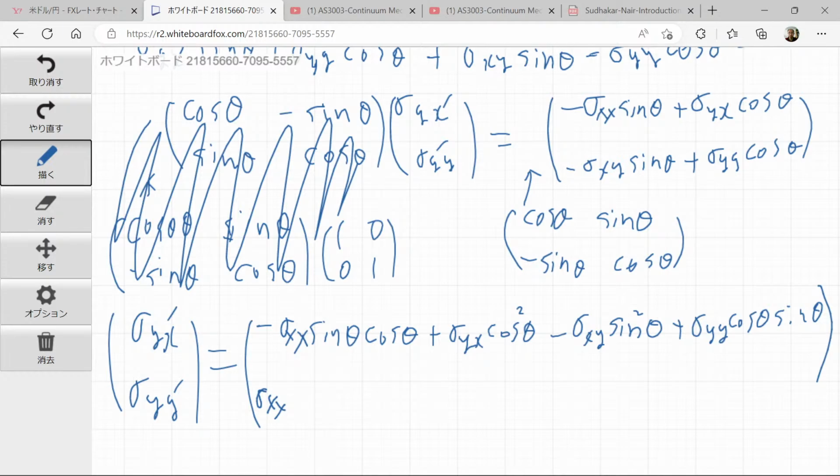Correct? Sine square, minus sigma yx cos theta sine theta.